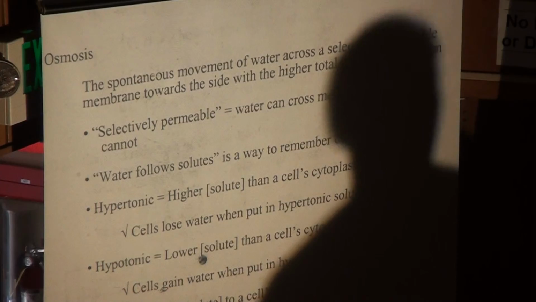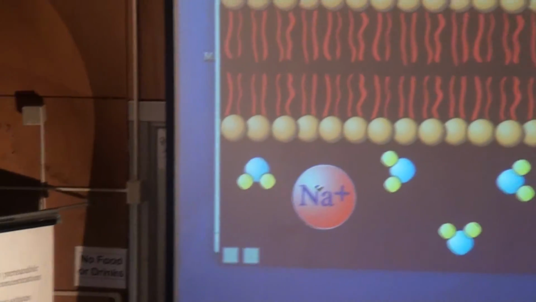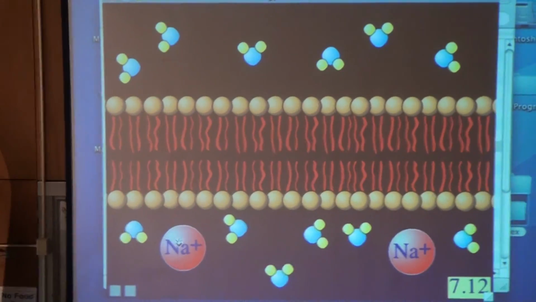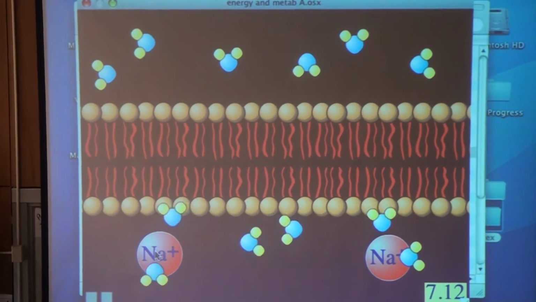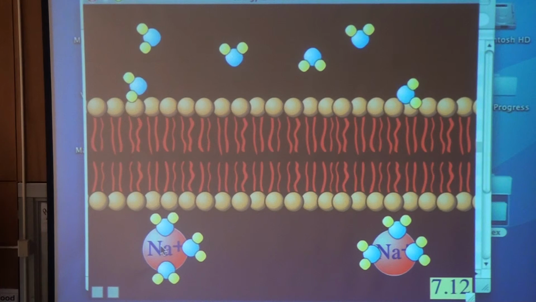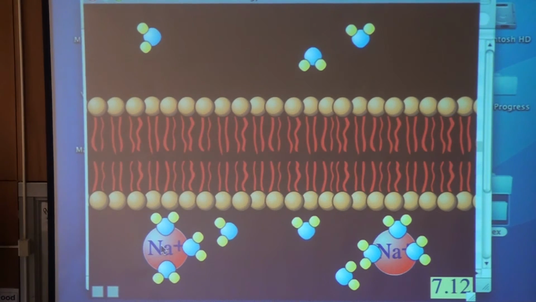Well, since the solutes, the sodium ions, have to stay on that side, but nevertheless they are going to be attracting water molecules, the water molecules are going to want to move across the cell membrane towards the sodium ions that are attracting. And so you'll get movement of water across cell membranes towards whichever side has the higher solute concentration.